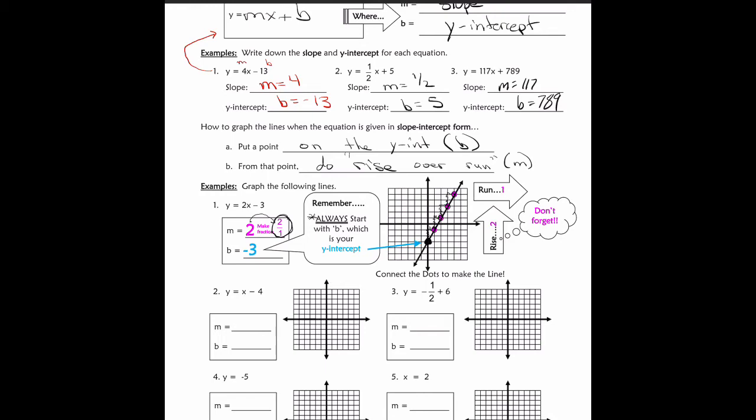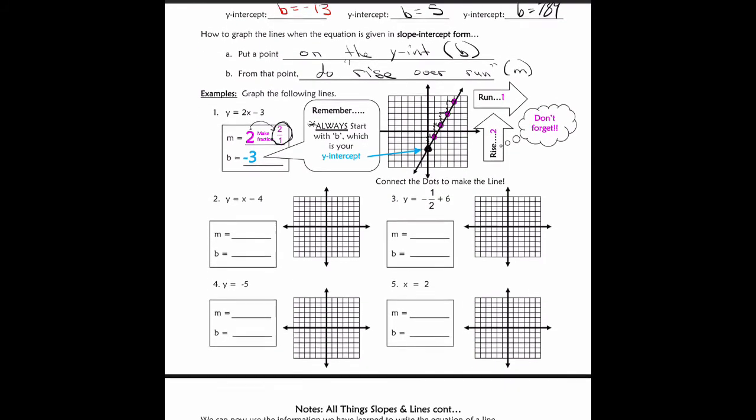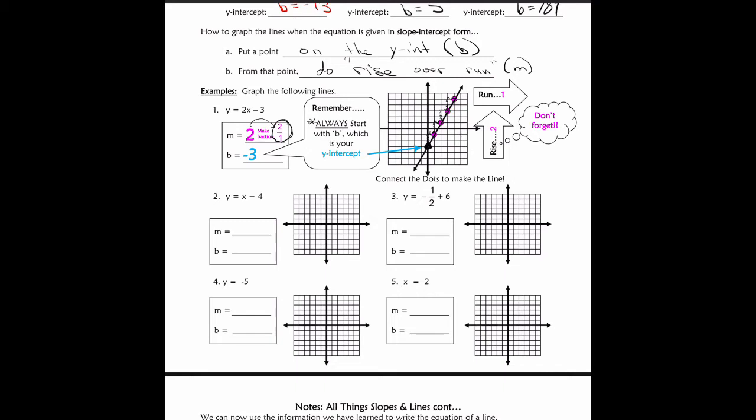Okay? So let's look at doing a few examples like that together. So example 2, mx plus b. So I notice there's no number in front of x. What number can I always put in front that won't really change anything? And that's the number 1.